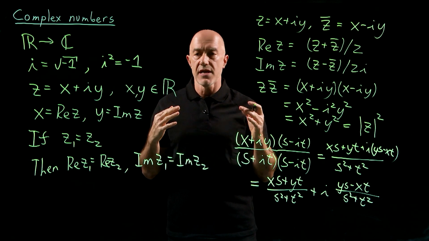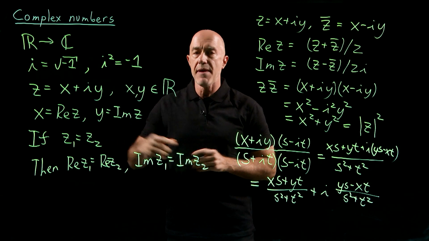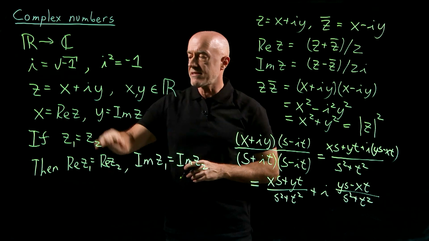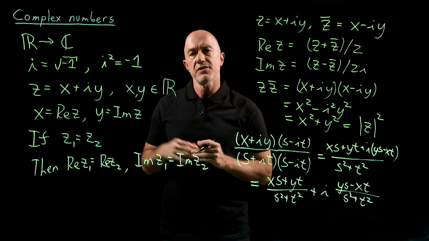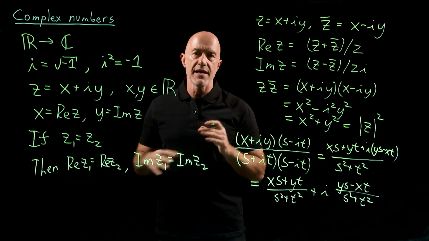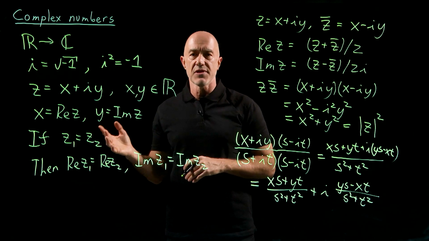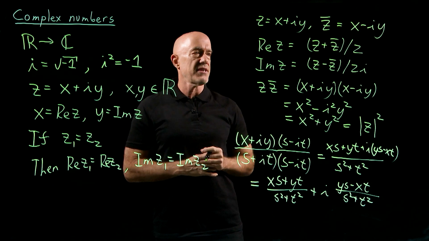I introduced two new functions, the real part of a complex number and the imaginary part of a complex number. And if we have a complex equation, we can always reduce that to two real equations. The real part of the left-hand side equals the real part of the right-hand side, and the imaginary part of the left-hand side equals the imaginary part of the right-hand side.